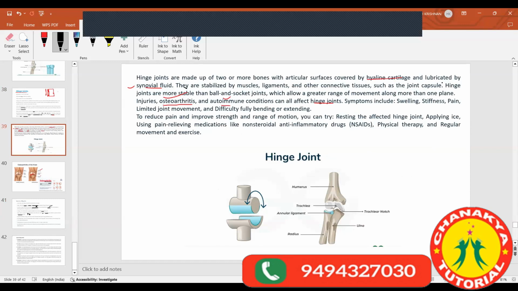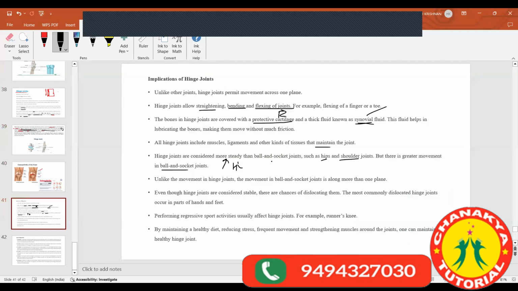Hinge joints are more stable than ball and socket joints, which allow a greater range of movement. Ball and socket has higher movement and a greater angle, but when it comes to steadiness, hinge joints are steadier.